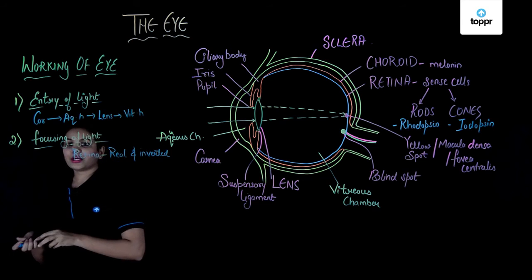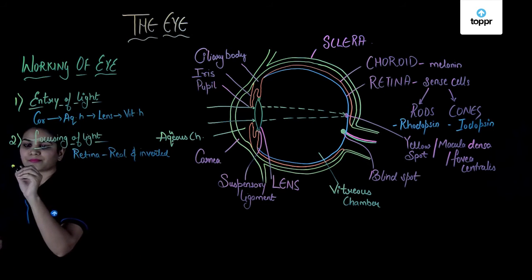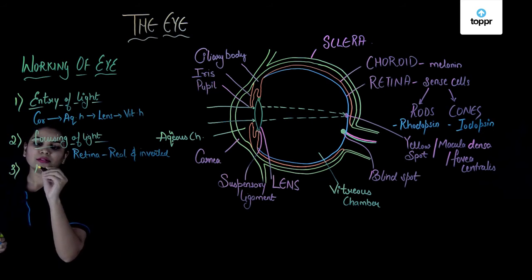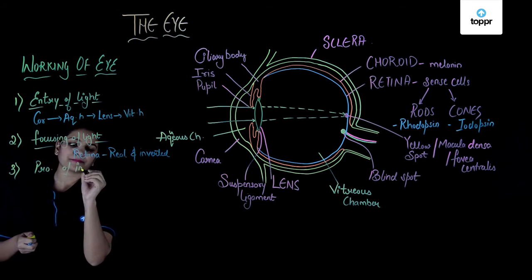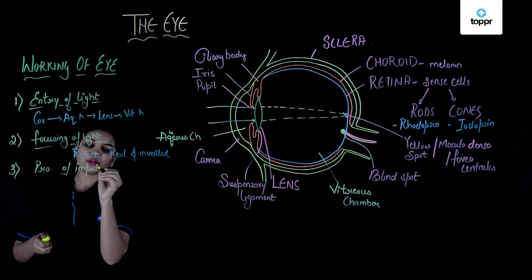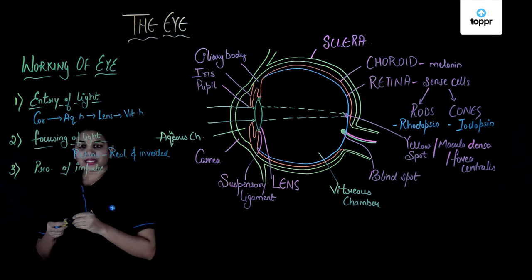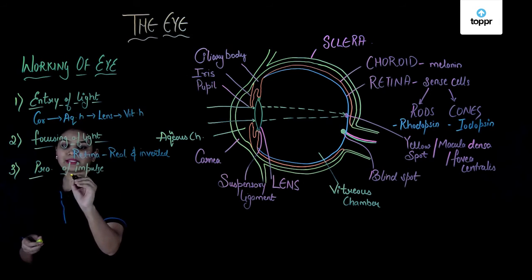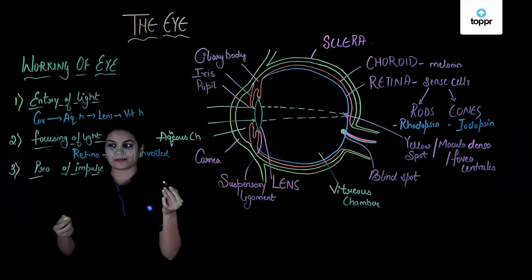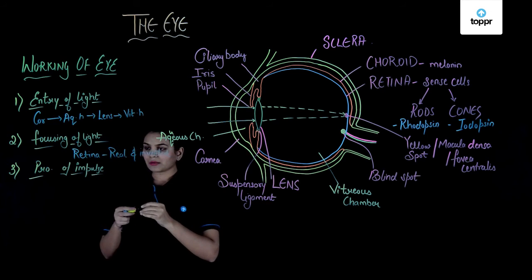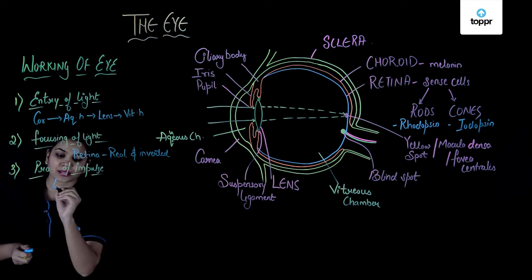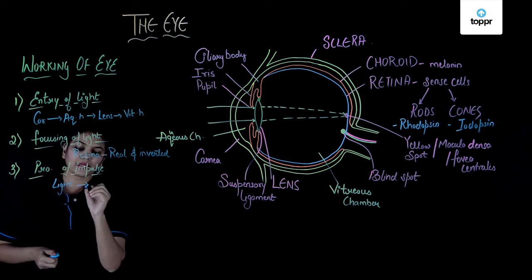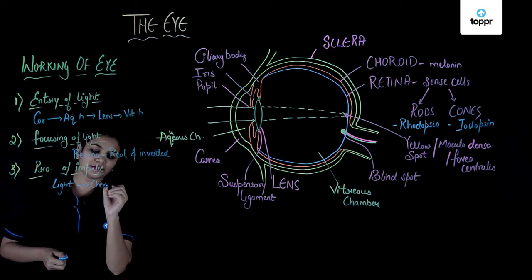Next we will see the production of impulse, okay. Now when the light has fallen upon the retina, of course it has to go to the brain, otherwise how will we see an image? How will we see anything? So what would happen? Firstly, the light which has fallen upon the retina, because of the sensory cells present there, will convert into chemical energy, okay.